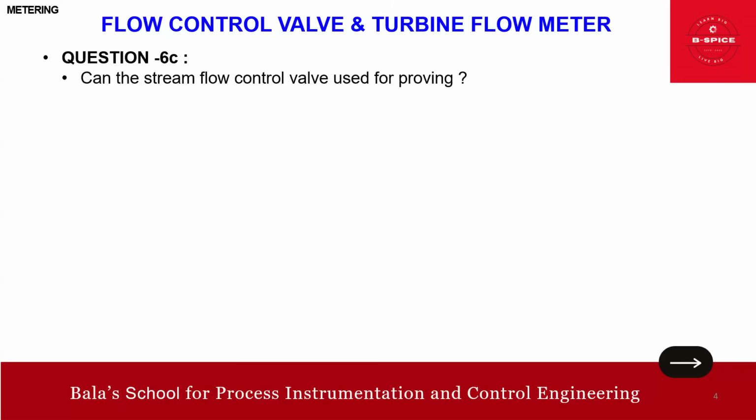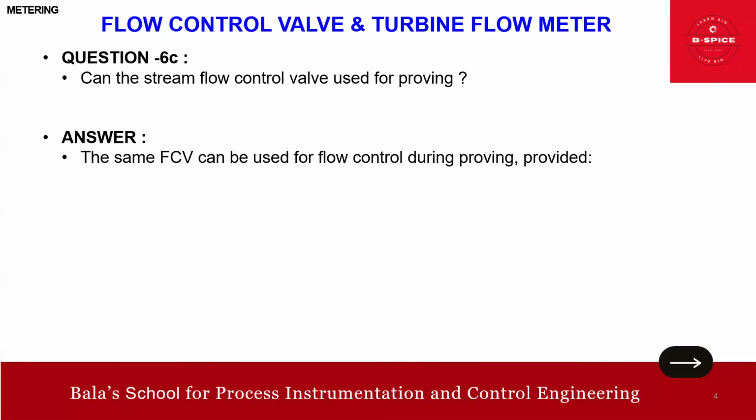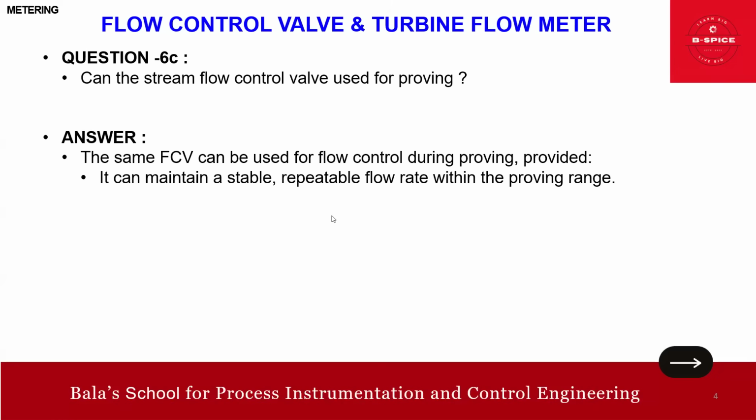Then the third is 6C. Can the stream flow control valve be used for proving? Yes, but with some conditions. The same FCV can be used for flow control during proving, provided it can maintain a stable and repeatable flow rate within the proving range.